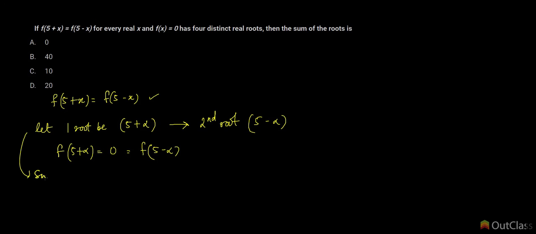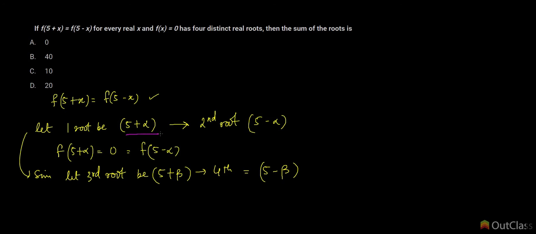Similarly, if I let a third root be 5 plus beta, then the fourth root will be 5 minus beta. Irrespective of the values of alpha and beta, if you sum these 4 things up, that's the sum of the roots that they want. The plus alpha and the minus alpha will cancel, plus beta minus beta will cancel. The sum of roots is basically 5 plus 5 plus 5 plus 5, 20.